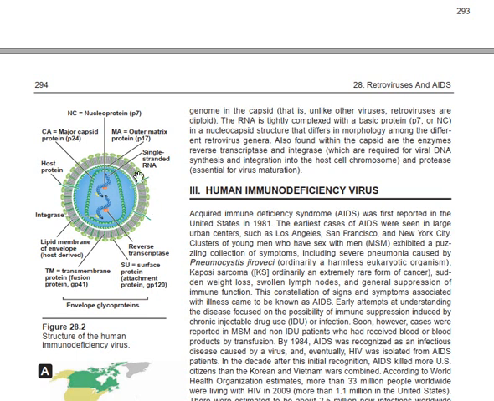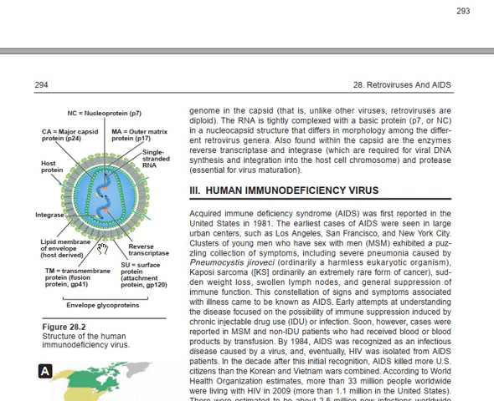Now, above it, you are going to have the envelope. The envelope is made up of different molecules. It is made up of host protein and of the lipid membrane envelope that is derived from the host, which you have already seen.